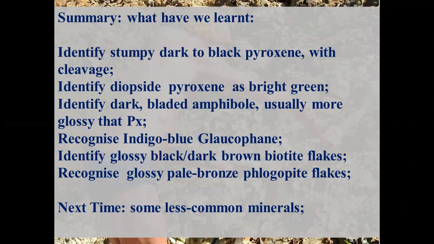If we've got something that's bright green and it's got some cleavage and a subvitreous luster, then that's likely to be diopside if you've got good crystal shape, which you generally do have with that.